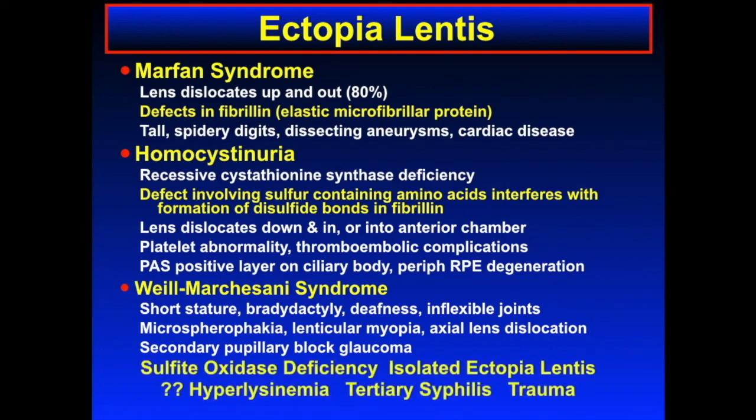And there's a variety of other causes. Sulfite oxidase deficiency is rare and also involves sulfur-containing amino acids. Isolated ectopia lentis involves fibrillin mutations that have no other systemic abnormalities.